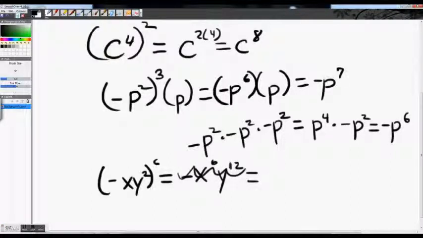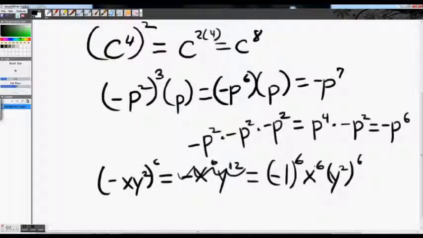It's actually equal to negative 1 to the sixth times x to the sixth times y squared to the sixth. Think about it that way. Remember, if the exponent is even, then what we have is just 1. Which means that the real answer is x to the sixth times y to the 12th. So remember, if it's in parentheses, we multiply everything to that power, and that will include the constants.